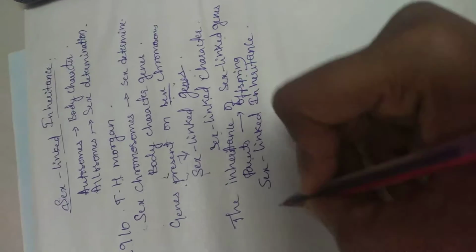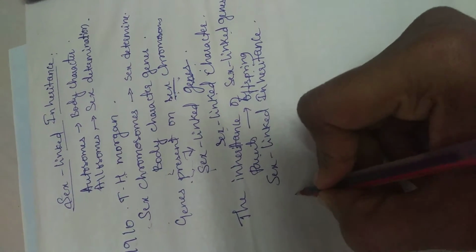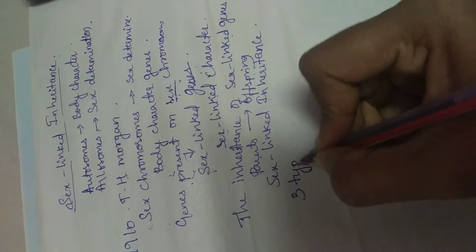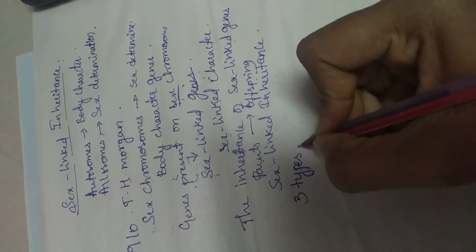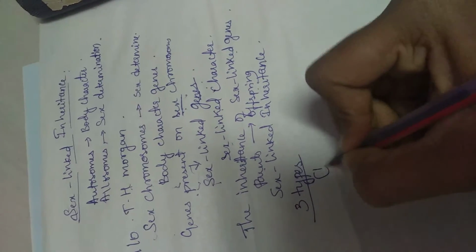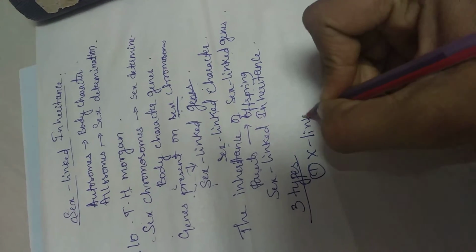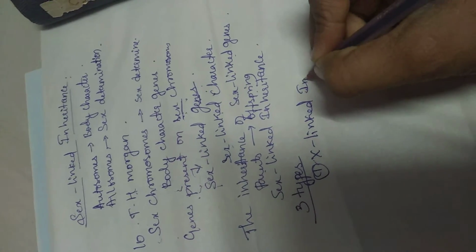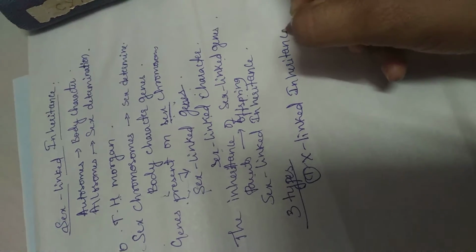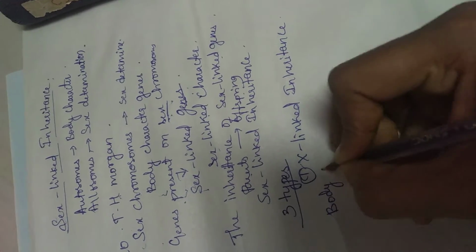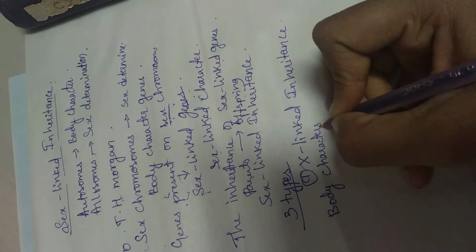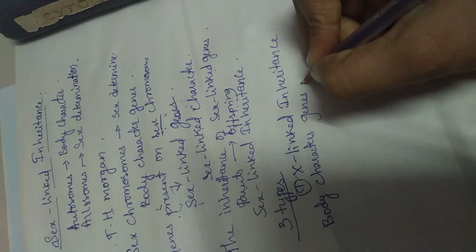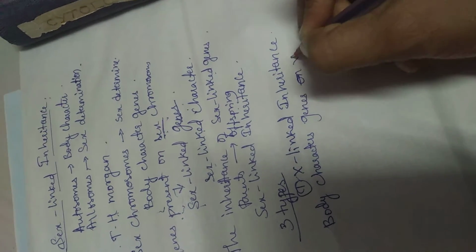Depending on which sex chromosome the body character genes are present on, the sex linked inheritance is of three types. First one is X linked inheritance, where the genes which are controlling body characters are located on the X chromosome.